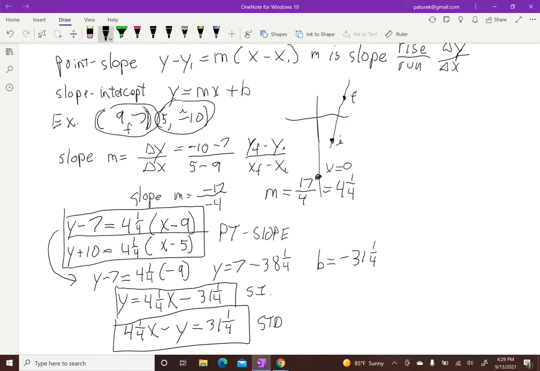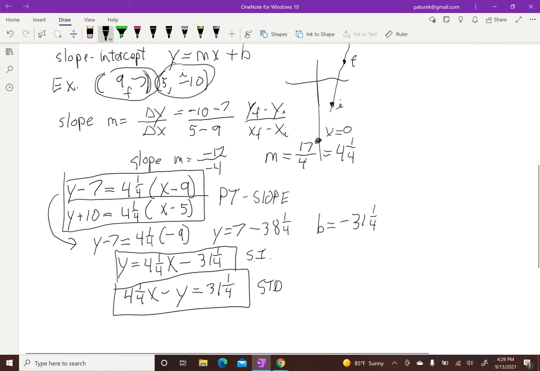It's my belief that I did this correctly, and that any form of these equations will pass through both of those points. So if you really want to check, you could plug in x equals 9 and see if y is equal to 7 when you get done. Plug in x equals 5 and see if y is equal to negative 10 when you get done with this.